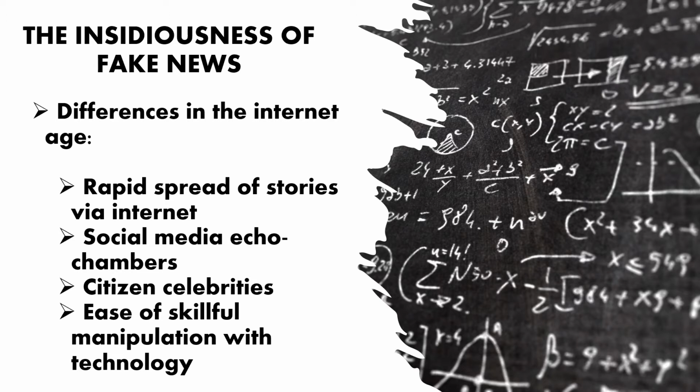However, in the internet age, fake news takes on a different level of insidiousness. While the internet age brings an increased capacity to verify information, it also brings information overload and a proliferation of misleading information or outright falsities presented as truths. The internet has also allowed fake news to spread more widely and more rapidly. The structure of the internet, particularly social media, one of the main venues for the spread of fake news, allows individuals to surround themselves only with like-minded people and to shut out counter-narratives and critical challenges to their perspectives and held beliefs.